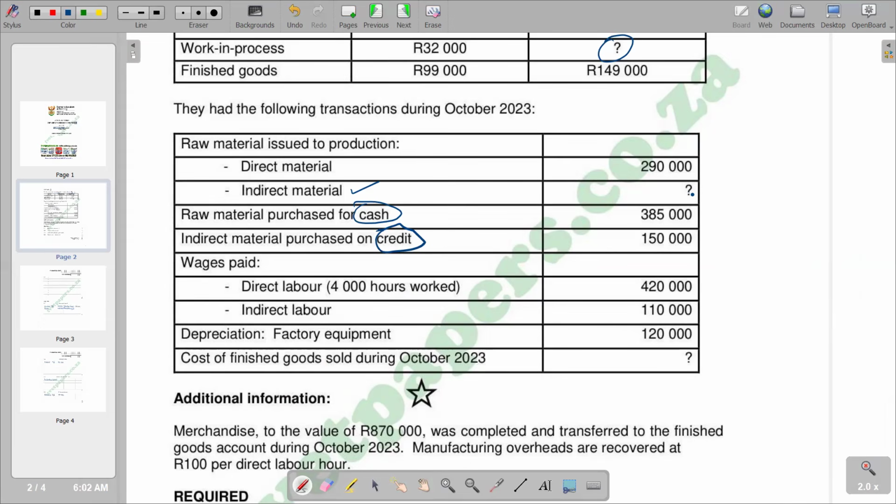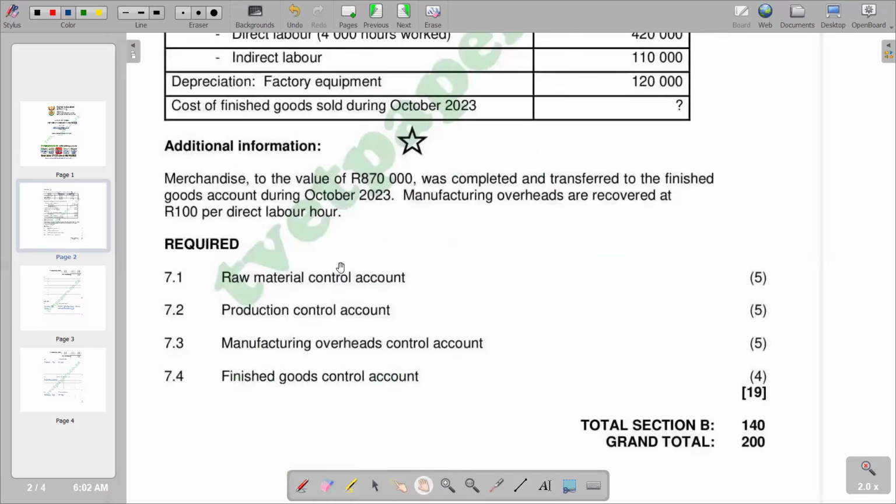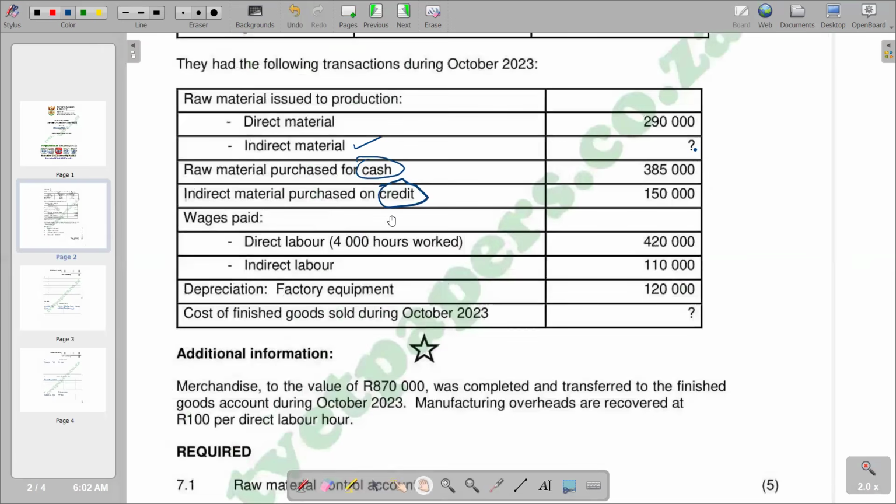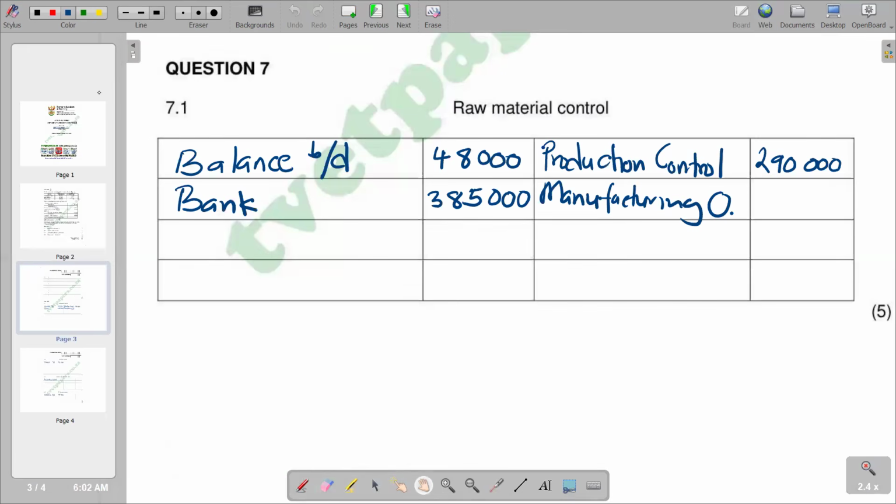But creditors control, we do not have it in the question, so we are not going to make the entry of crediting the creditors control. So it's 150,000 on the debit side of the raw materials control. So we say creditors control, and then the figure, that means 150,000. So that's what we have on that part.